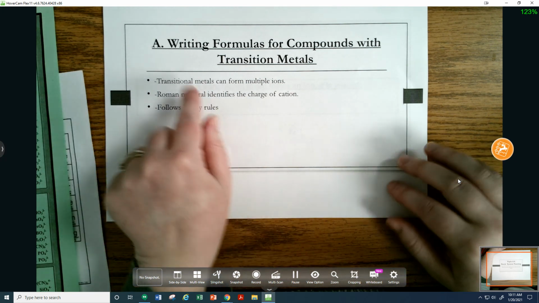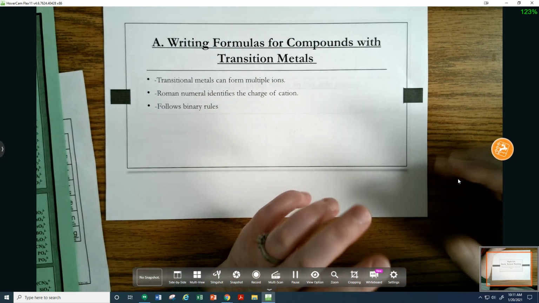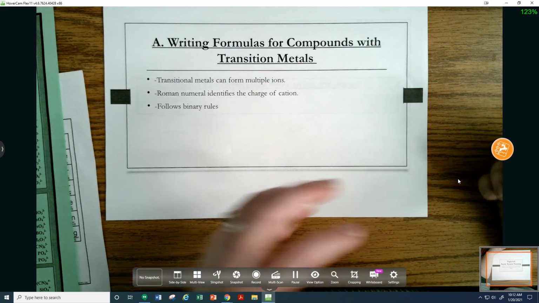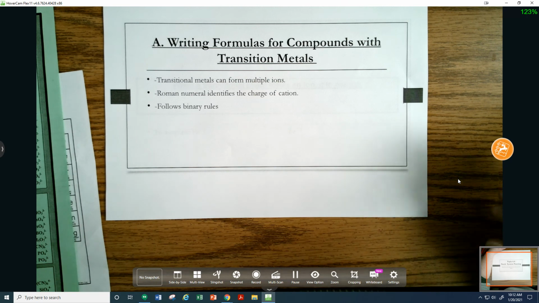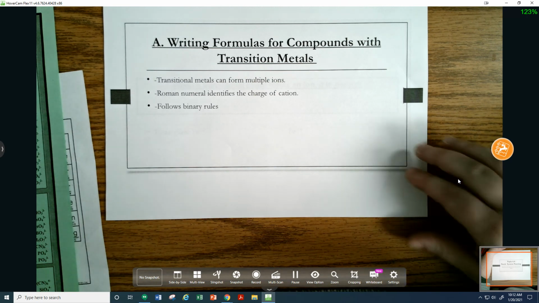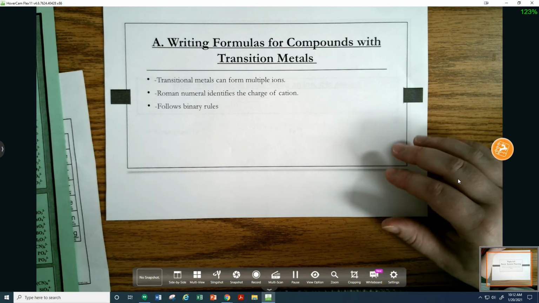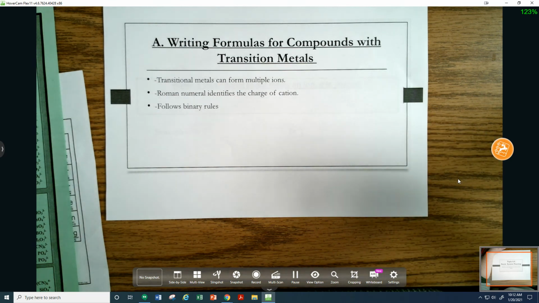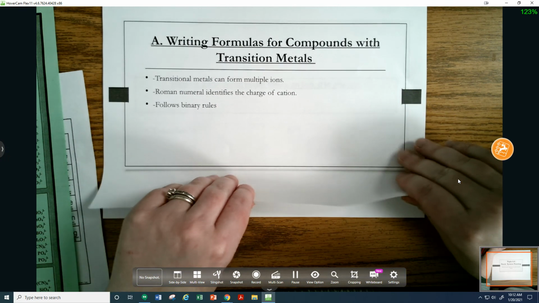So like I've already said before, transition metals can form multiple ions. So we have a way that we account for that, because you get different compounds which have different properties. So we do need to indicate what the charge is to understand what it is we're working with. So again, as we build on naming, there are things that carry on with us and things that we add on to it.